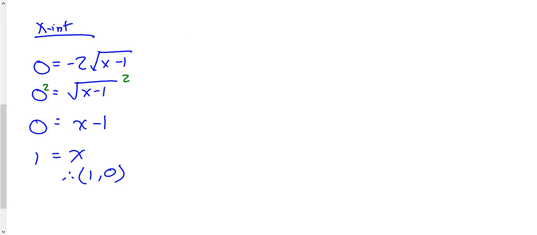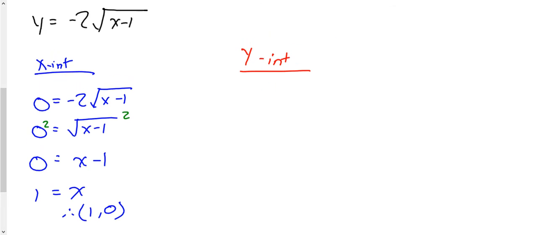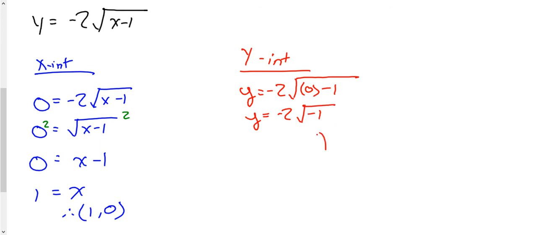For our y-intercept, for the exact same equation, there's the reminder of your equation. You're going to substitute in 0 for x. So I'm going to set up this equation as y equals minus 2 square root of, and I'm subbing in my 0 there, minus 1. So I got y equals minus 2, and inside this radical, 0 minus 1 is just negative 1. And again, I see a negative inside the radical.